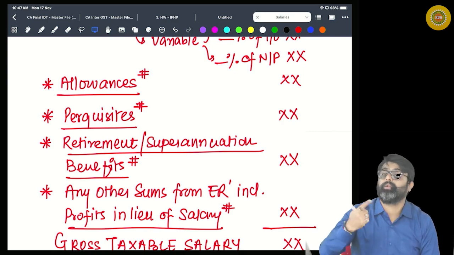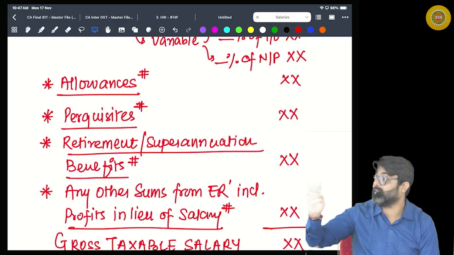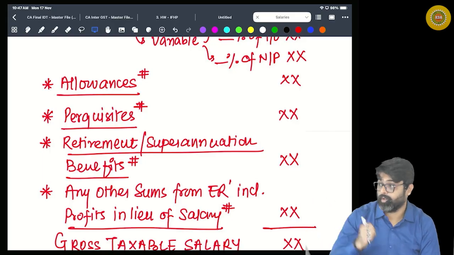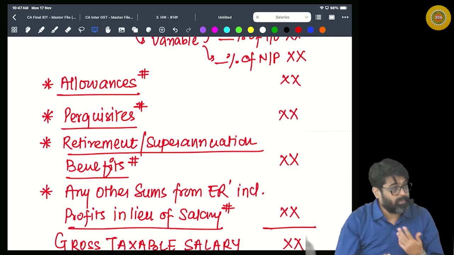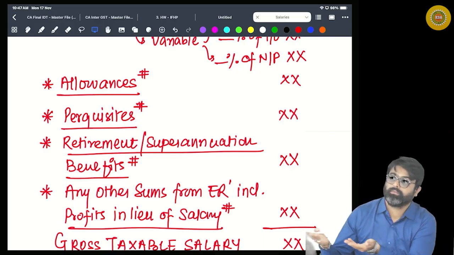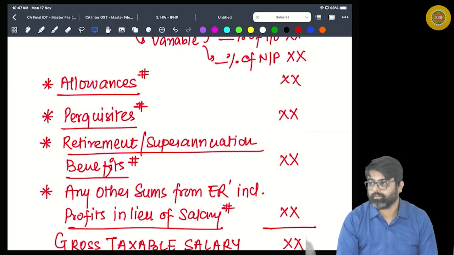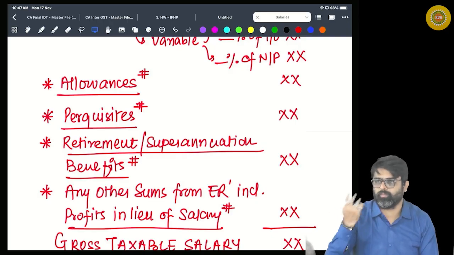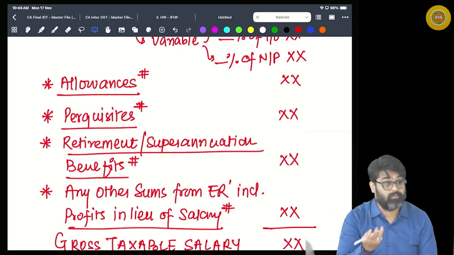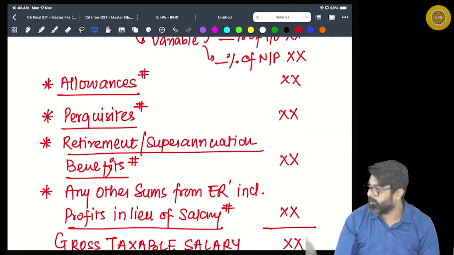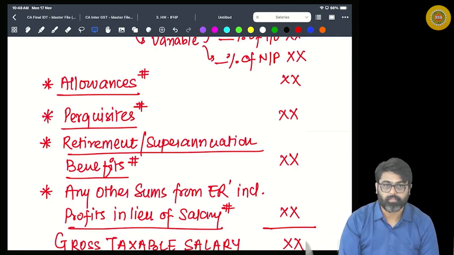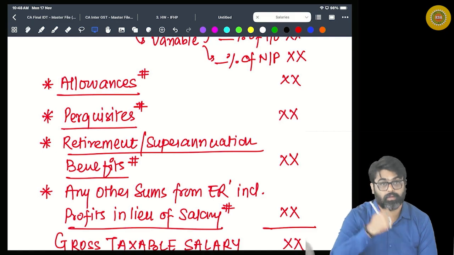Simple. To meet certain personal expenses of the employee, or to meet certain expenses which happen in the course of your employment. Some official expenses you might incur, like traveling is done, yes or no? Then uniform is there, for uniform also. Some helper might be required, for helper also.